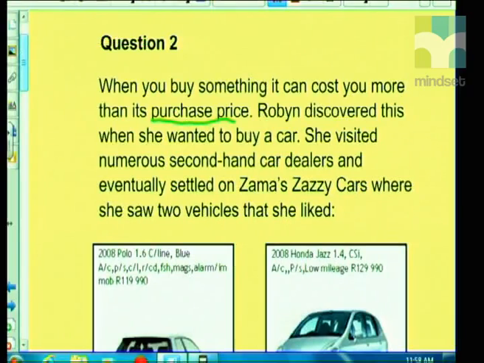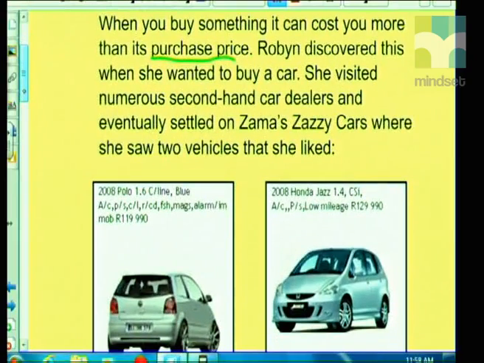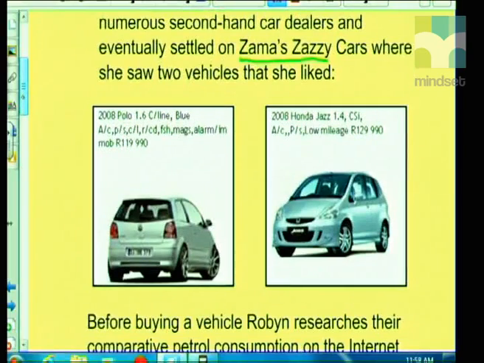Robin discovers when she wants to buy a car, she visited numerous second-hand car dealers and eventually settled on Zazi's cars, where she saw two vehicles. Here are the two vehicles that she liked. It was a Polo, that's the Polo there, and there's a Jazz. Okay, so she was given the choice of a 1.6, a 2008 Polo or a 2008 1.4 Jazz.